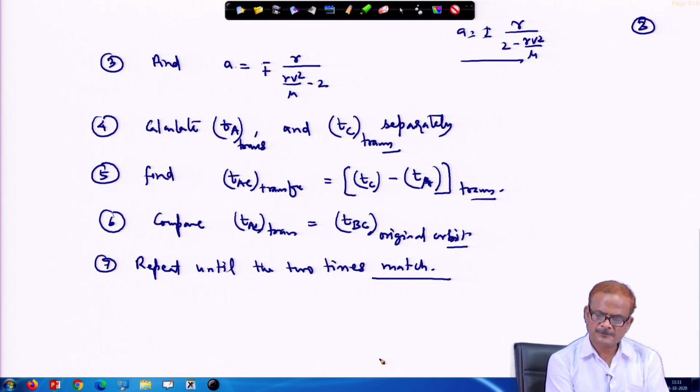Now, based on this, I will take the case of a non-coplanar orbit problem. Whether non-coplanar or planar orbit, it does not matter much, the process is the same.